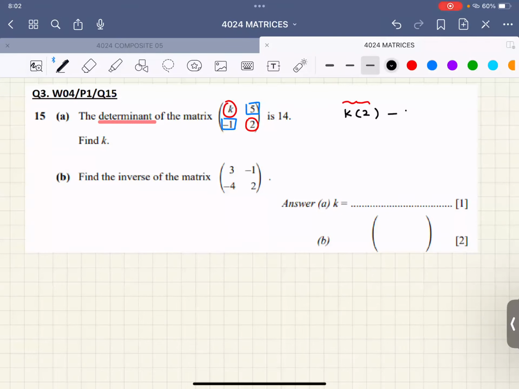And we equate it to 14. So 2K plus 5 is 14. 2K equals 9. K comes out to be 9/2 or 4.5. Since this is simple, you can write it in decimals also. Otherwise, fraction is more preferable.